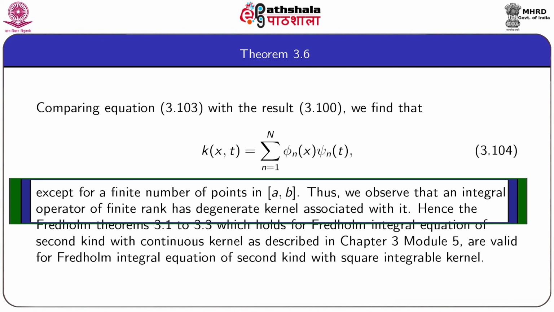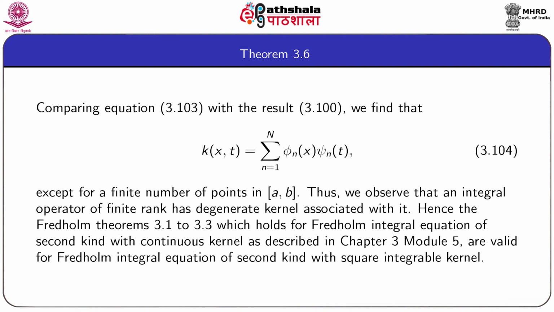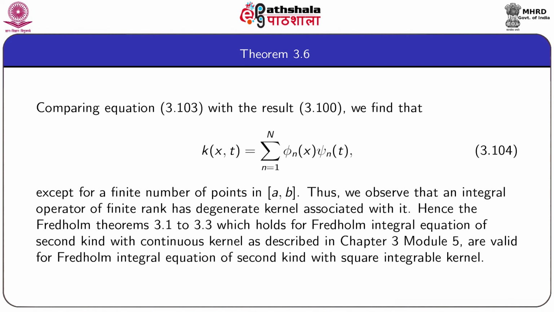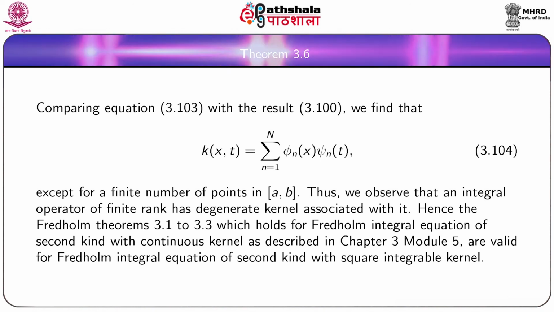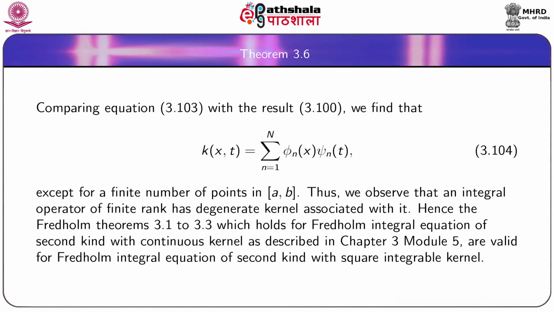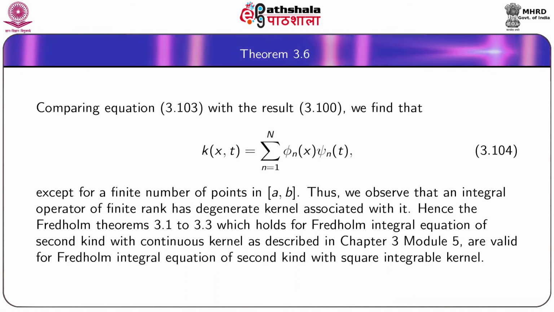So, we can observe that an integral operator of finite rank has a degenerate kernel associated with it. Hence, the Fredholm theorems 3.1 to 3.3, which hold for Fredholm integral equations of the second kind with continuous kernel, described in chapter 3 module 5, are valid for Fredholm integral equations of the second kind with square integrable kernel.